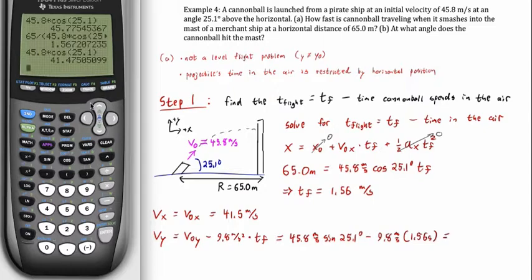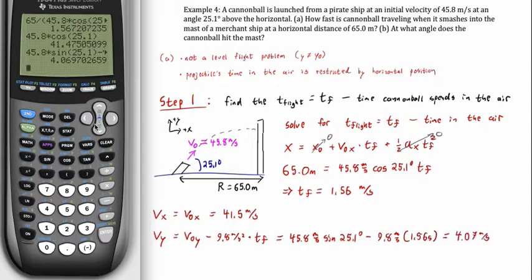So we're going to take this component here, change it to a sine, and then minus 9.8, multiply that by 1.56 seconds, which was the time up here. And we're going to take it in the calculator, so we're not doing any intermediate rounding. All right, and so we get the velocity of 4.07 meters per second in the y direction.